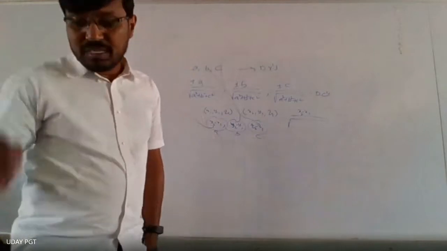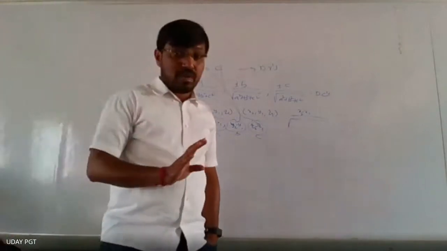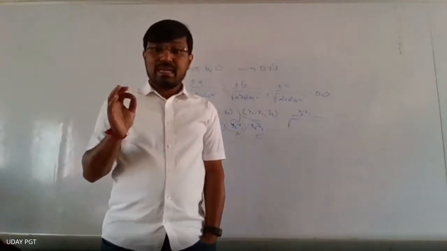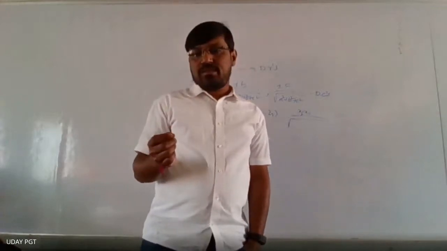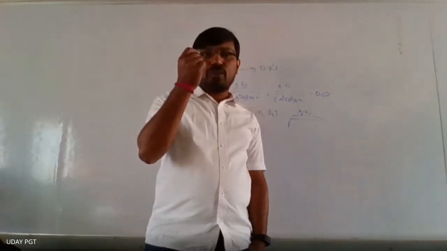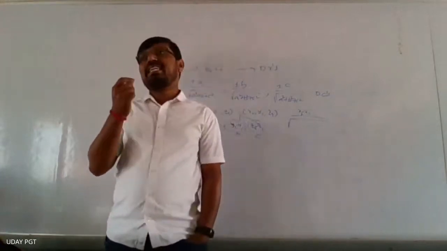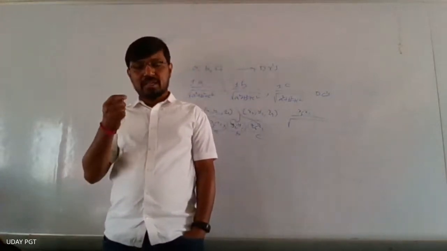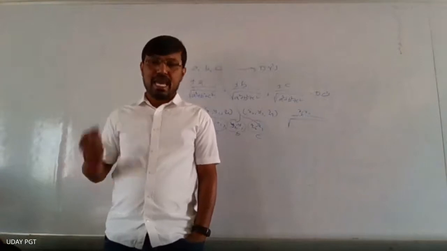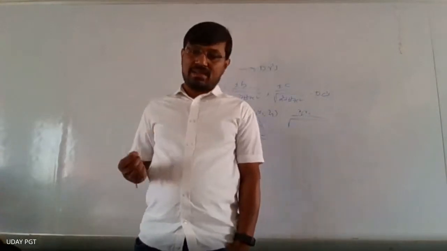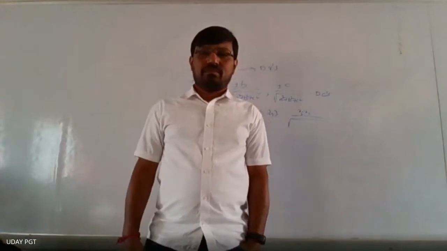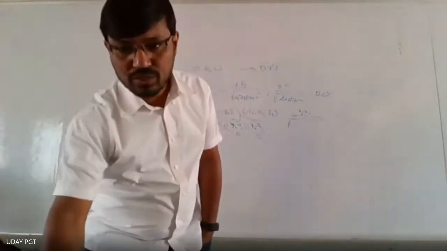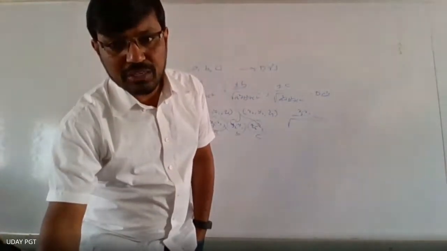A square plus B square plus C square is not equal to 1. A, B, C are there, but they are proportional, that is, the ratios of A and L, B and M, C and N are equal. So this is about the direction cosines and direction ratios.